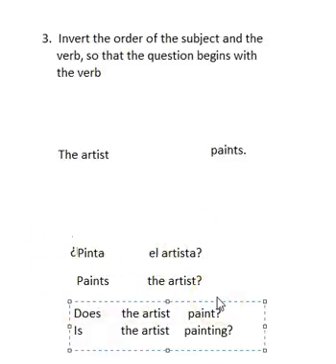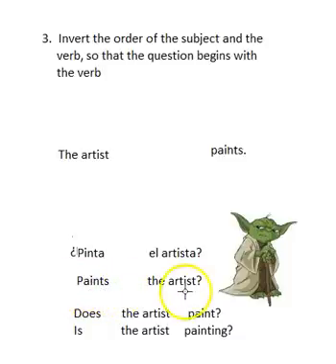Many years of speaking English, it's difficult for us to automatically begin a question with the verb. Paints the artist? It kind of sounds like Yoda. Paints the artist? Well, it's because Spanish doesn't have words like does or is. And so you kind of have to get used to thinking of a question in Spanish and starting with the verb.